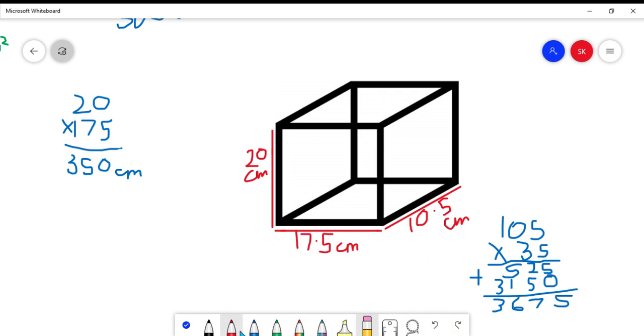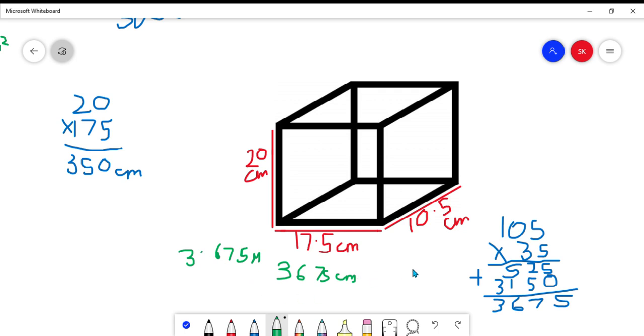So we have our answer here, 3,675 centimeters, or you can also put it as 3.675 meters, sorry. Yes, meters, we've converted it. So you can keep it as that.